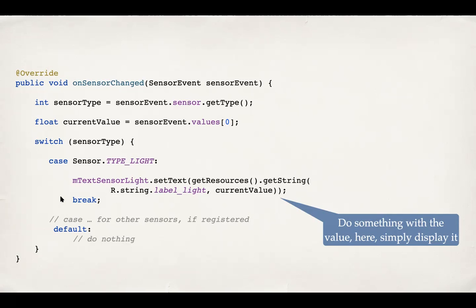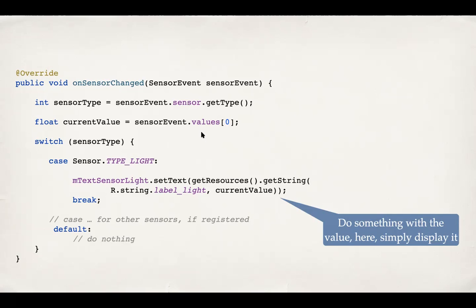Okay, so the onSensorChanged method is called when the sensor reports new data and passes the sensor event to this method. This method, as you can see, contains information about the new sensor data, specifically the sensor field, which gives you the generated event, and then values, which return an array of values.